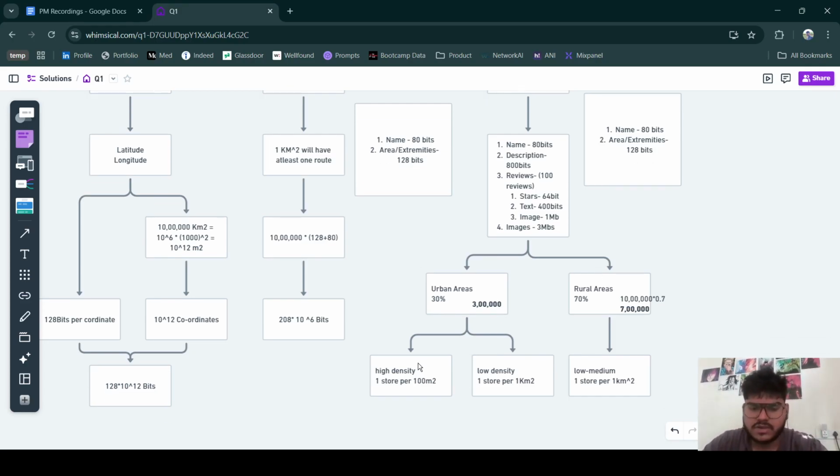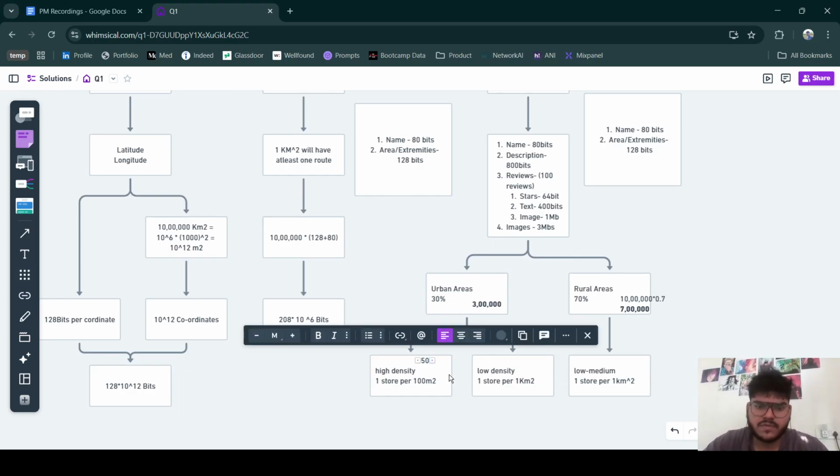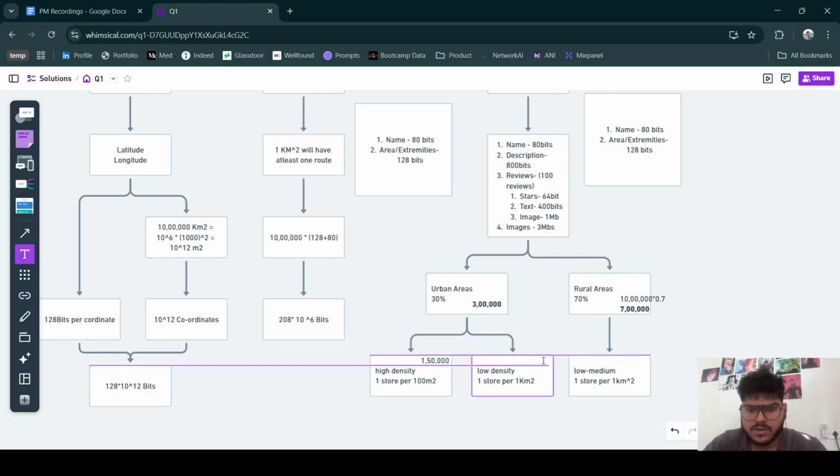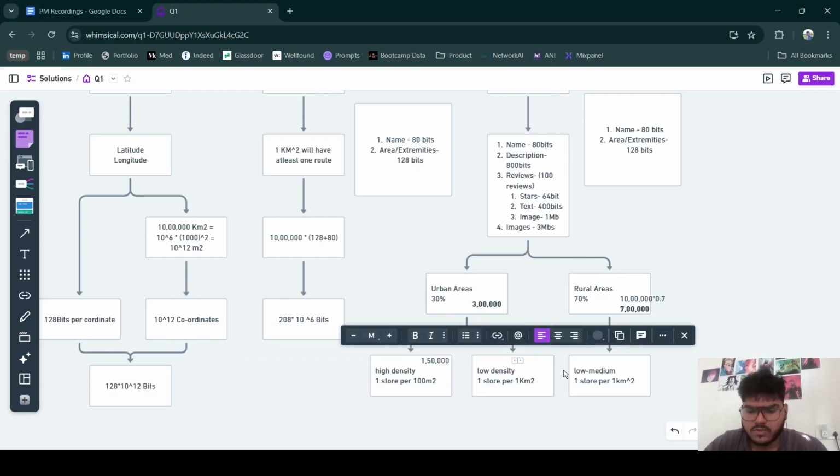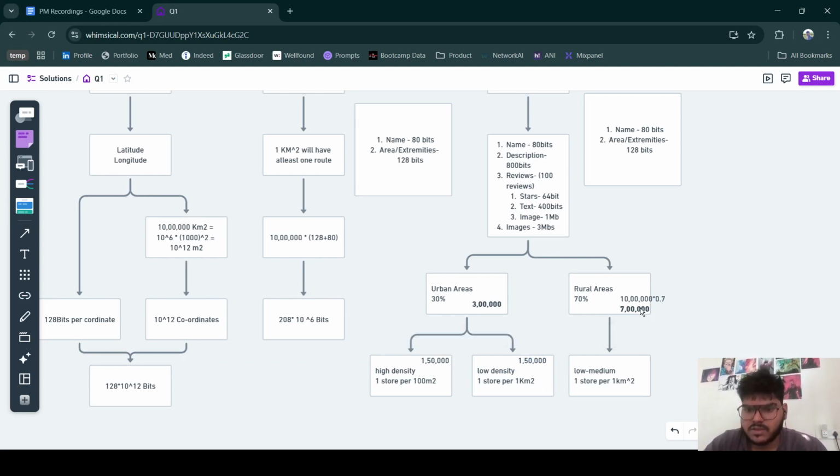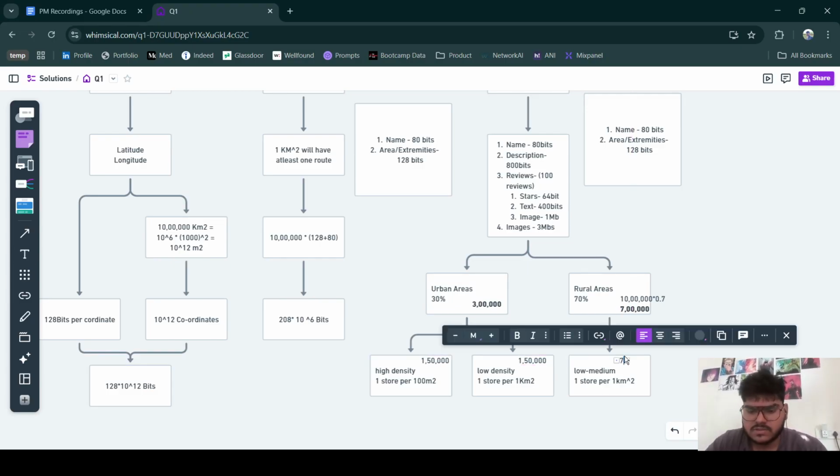If I'm considering the high density to be around 50%, so 50% will be 1 lakh 50,000 kilometers square of area. And 1 lakh 50,000 kilometers square of area is also low to medium density. Here all this 7 lakh is low to medium density.